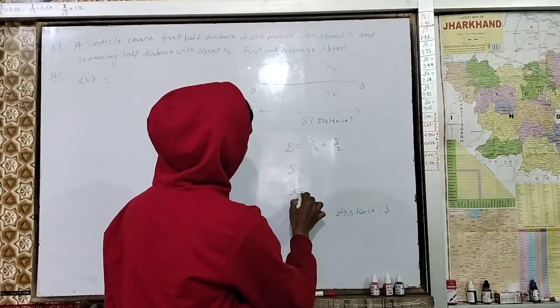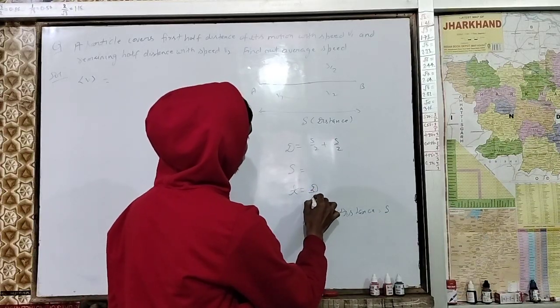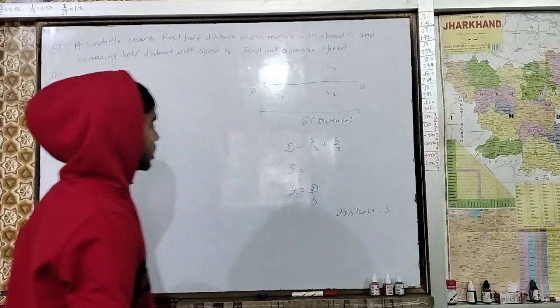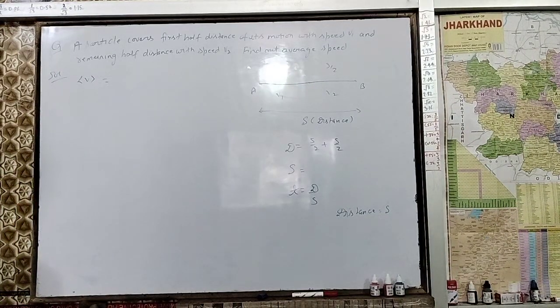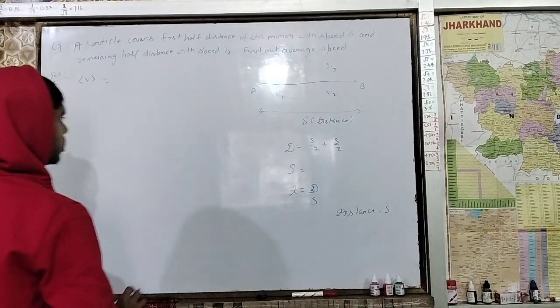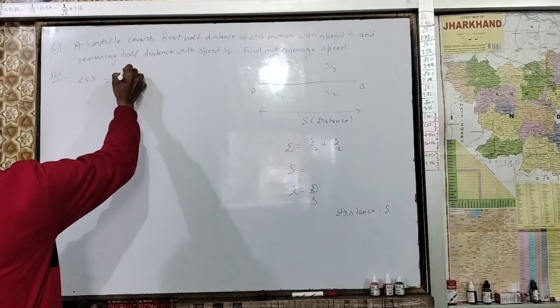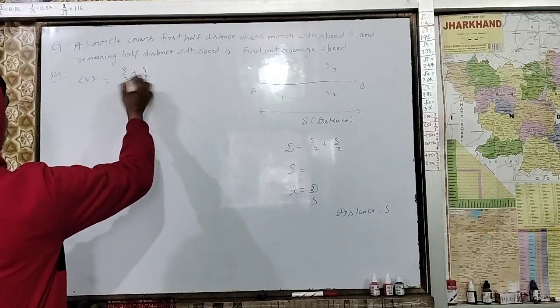For time, we know speed is equal to distance upon time, so time will be equal to distance upon speed. The distance is s upon 2 plus s upon 2.